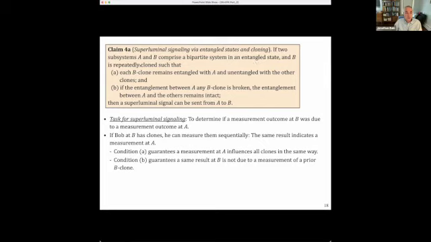So for two subsystems A and B comprising a bipartite system in an entangled state, and B is repeatedly cloned, such that the following two conditions hold: (A) each B clone remains entangled with A and unentangled with the other clones, and (B) if the entanglement between A and any B clone is broken, the entanglement between A and the others remains intact, then the claim is a superluminal signal can be sent from A to B.